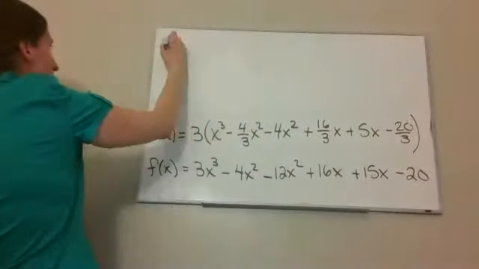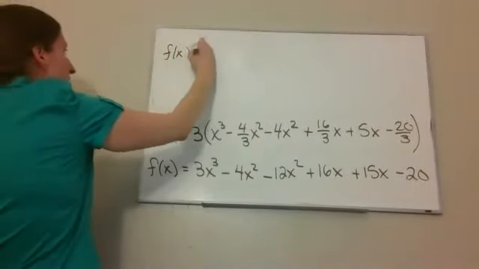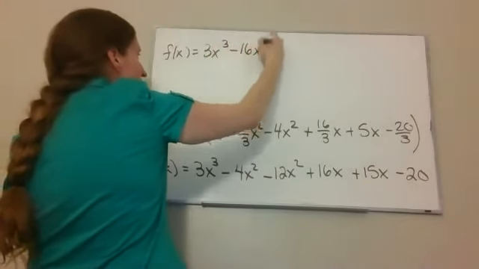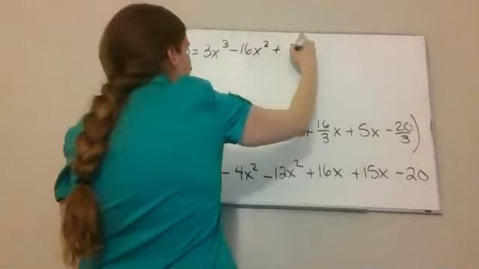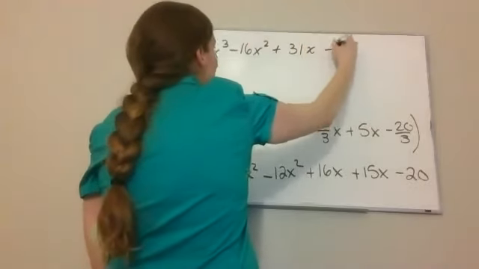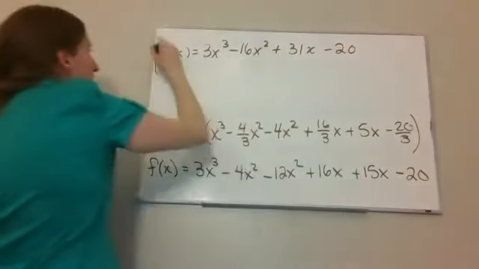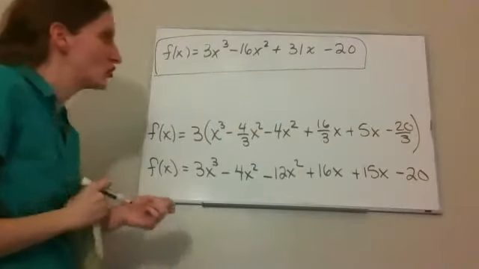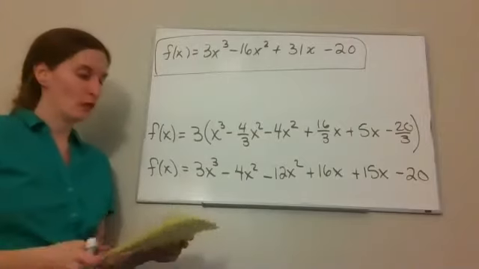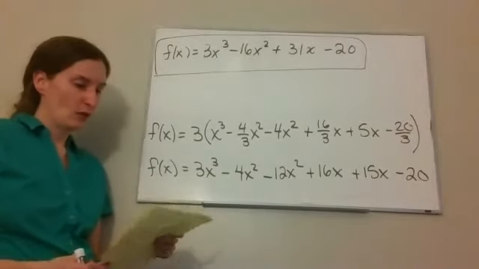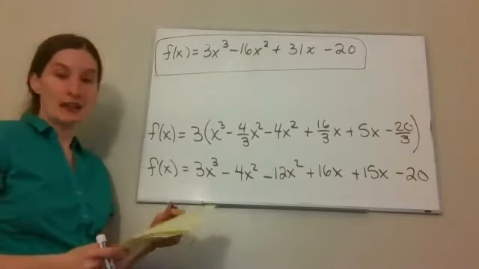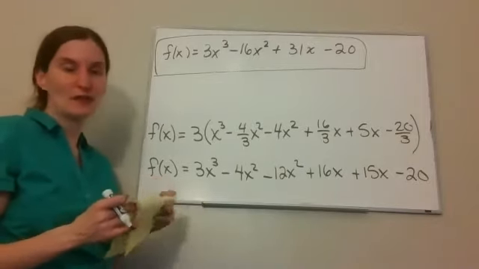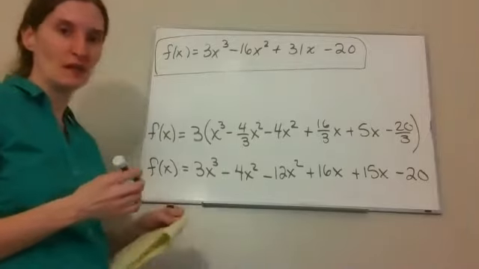So we get f of x equals 3x to the 3rd minus 16x squared plus 31x minus 20. And that is a 3rd-degree polynomial with integer coefficients with the roots that we were told, which were 2 plus i and 4/3. It also has 2 minus i as its other zero, which we knew from our conjugate zeros theorem.